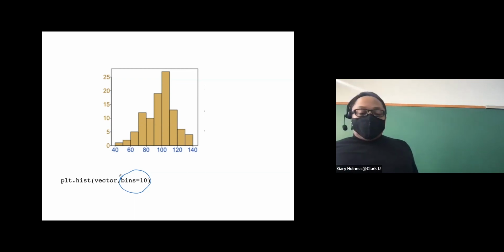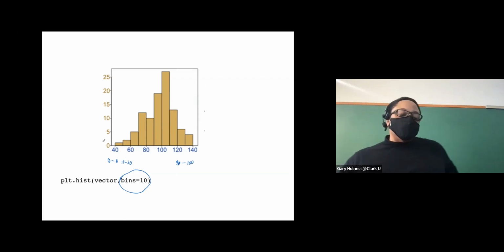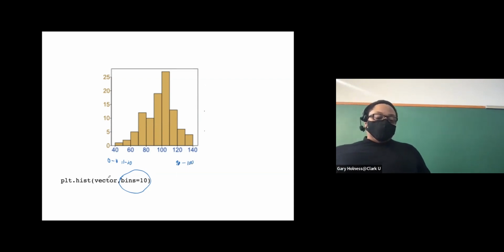So let's say it was your age group. The first bin might represent 0 through 10. Next one might be 11 through 20, and so forth to 91 through 100. And so underneath the covers, histogram goes through your vector.